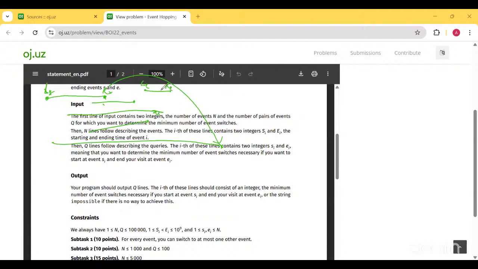Then we should not go to this node, but we will go to this node instead. So we cannot jump greedily.